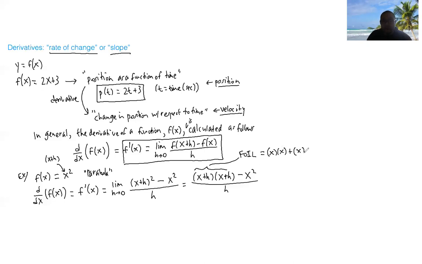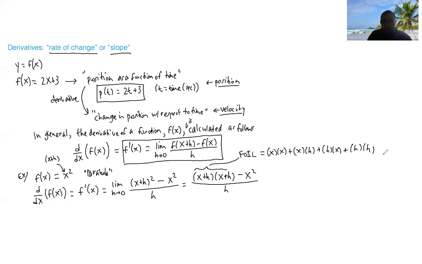So x times h. Plus, now you're going to do the inner terms, right? So in this first term, h is your inner term. In this case, x is your inner term. So h times x. And then L stands for last. So the last values in each of these. So h times h.